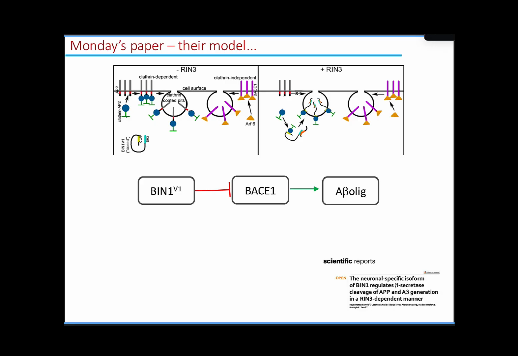From Monday. So on Monday we talked about this paper in which they see that this gene BIN1, which, a quick reminder, shows up second to ApoE as one of the genes that is most tightly associated with the risk of developing late Alzheimer's disease.